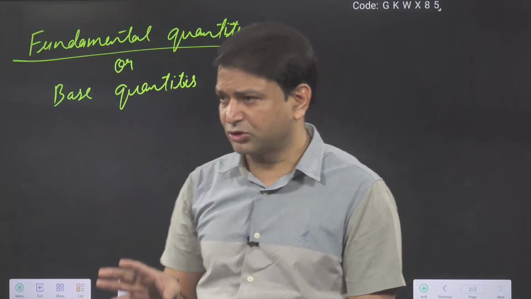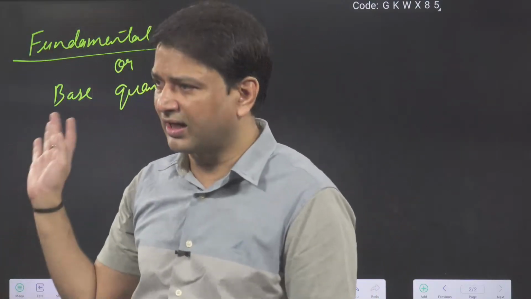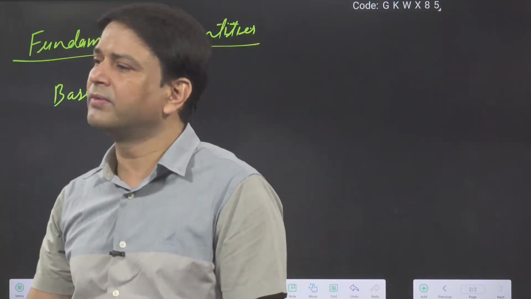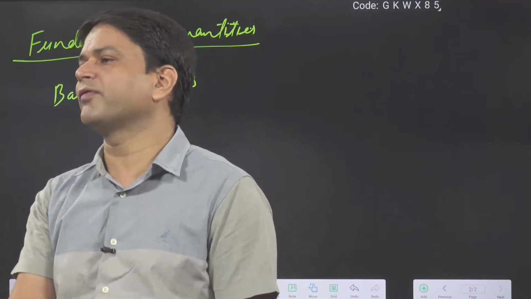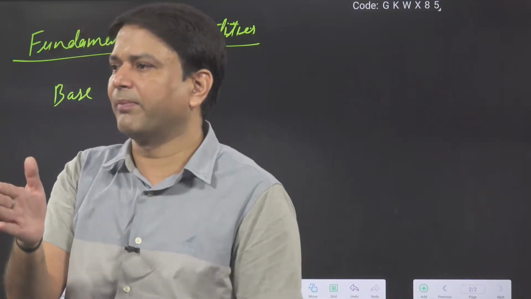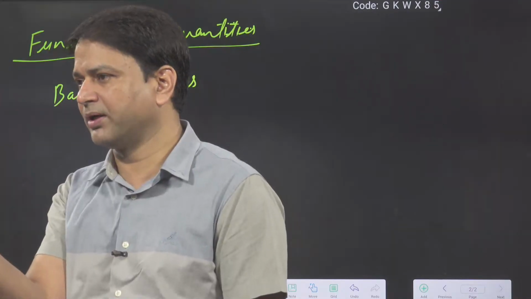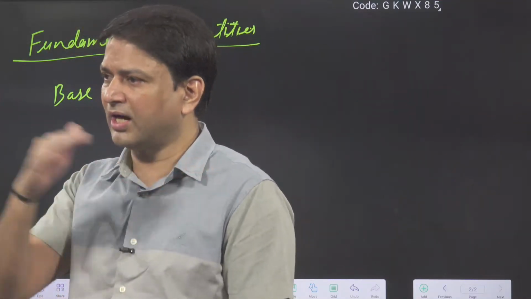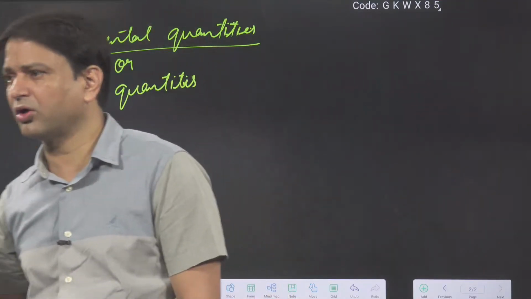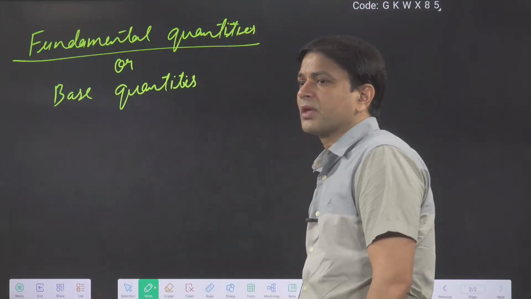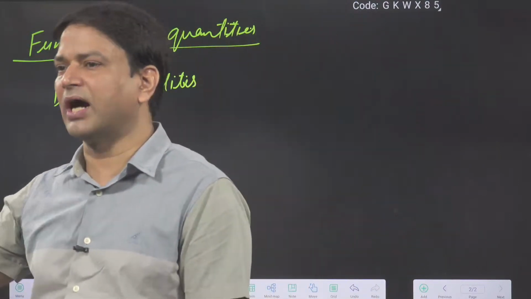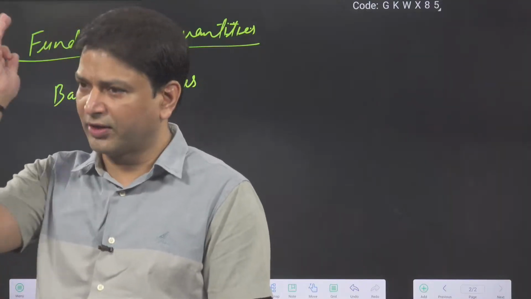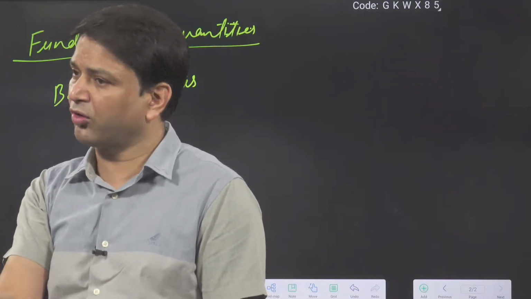Fundamental quantities or base quantities are independent of the other quantities, and all fundamentals are independent of each other also. One fundamental does not depend upon another fundamental. Everybody got it or not? So fundamental quantities are those quantities that are independent of the other quantities, and all fundamentals are independent of each other also.